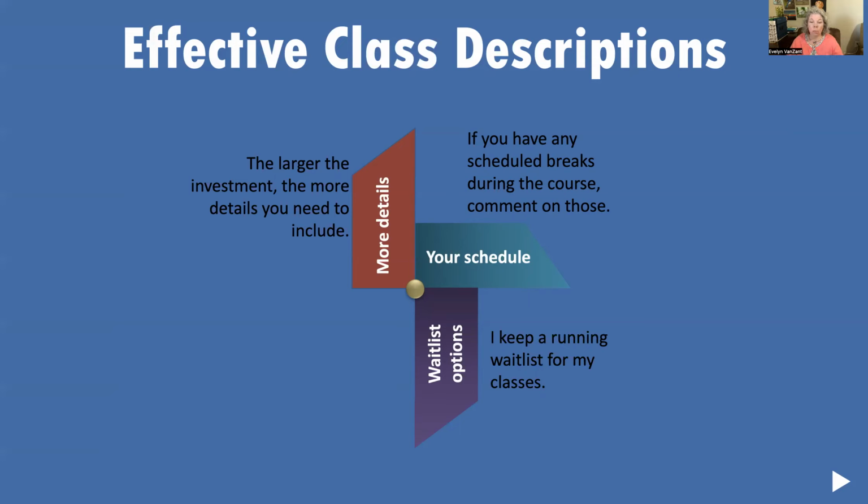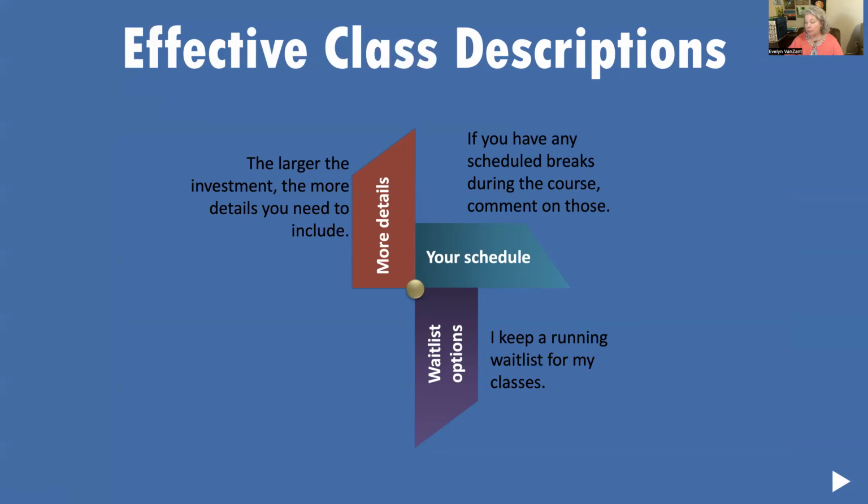But I keep a running wait list for my classes. And so I have my class times listed in my class description, and beside it, it will say wait list only. And so if that section has a wait list, then the parents can message me and let me know if they would like to be added to that wait list.